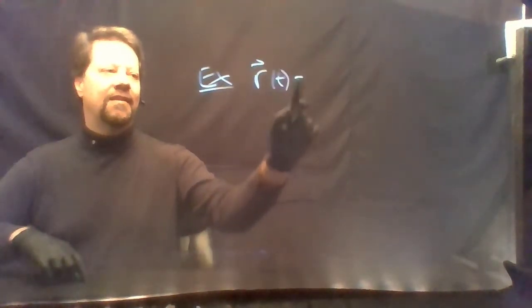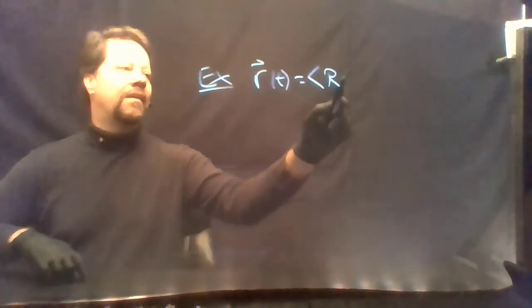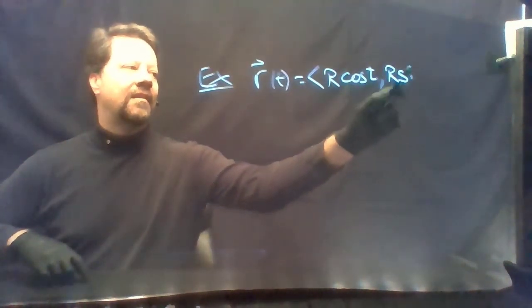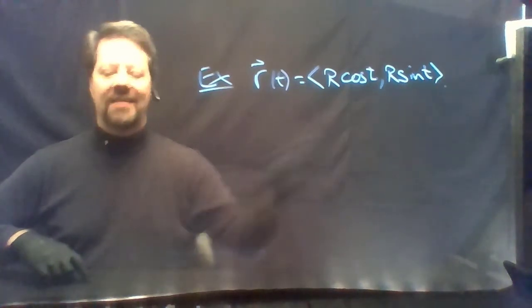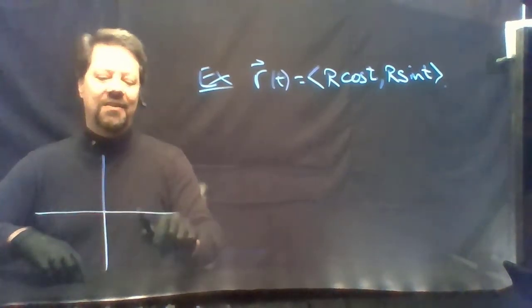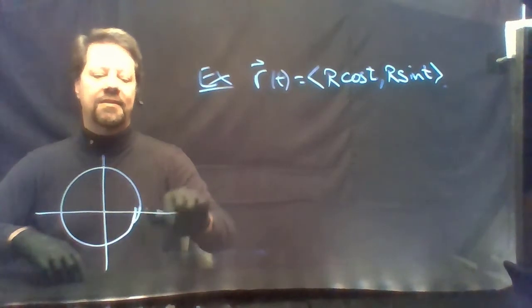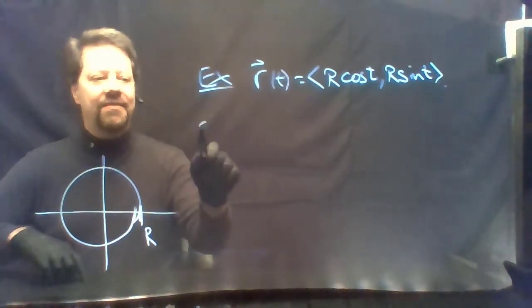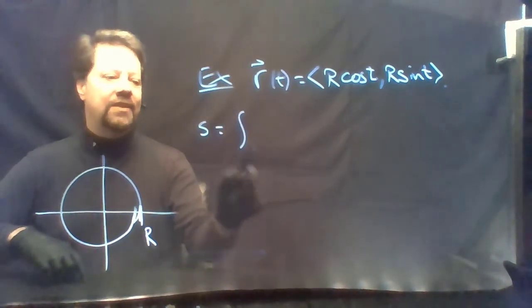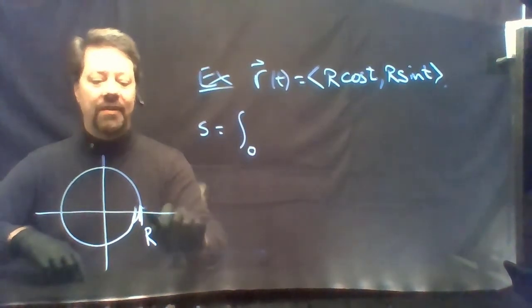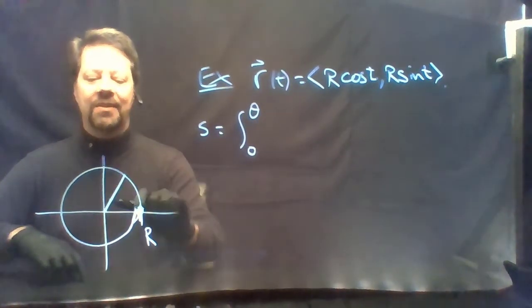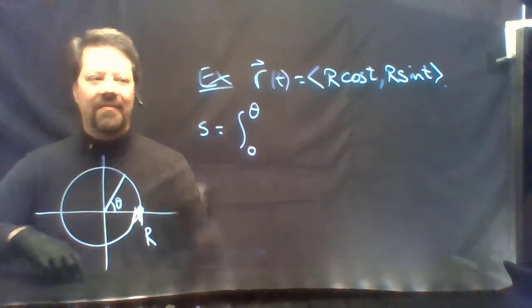Let's suppose that we have a position function given by r cosine t, r sine t. As you know, this will be a circle of radius r. And let's find the total arc length as we integrate from t equals 0, and at t equals 0 you're here, to t equals some theta.